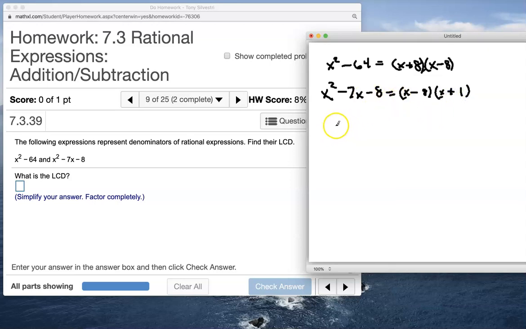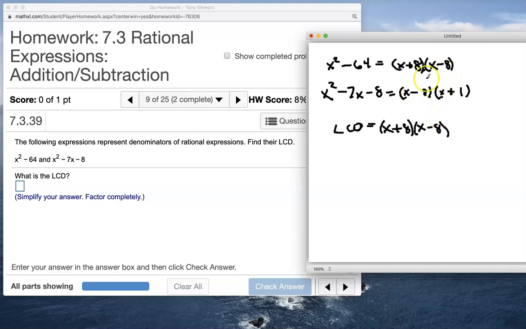So now, the lowest common denominator has to have every factor you see listed once, highest power. So I see an x plus 8. I don't see any higher power of x plus 8. I see an x minus 8.